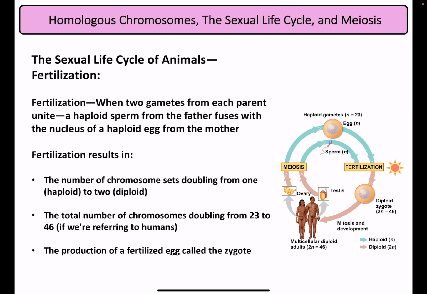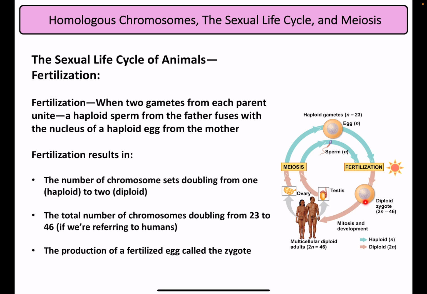And fertilization, the numbers of it, is really easy to understand because it's basically the opposite of meiosis. We're going to take everything that we just cut in half and double it back to what it was. So during fertilization, we go from haploid to diploid. We go from 23 chromosomes to 46, if we're talking about humans.